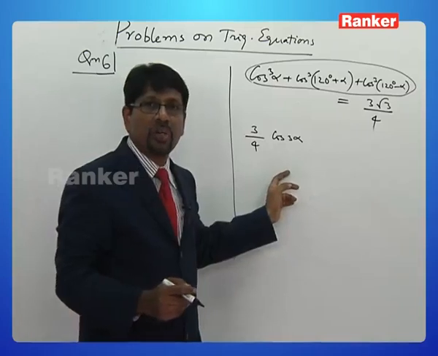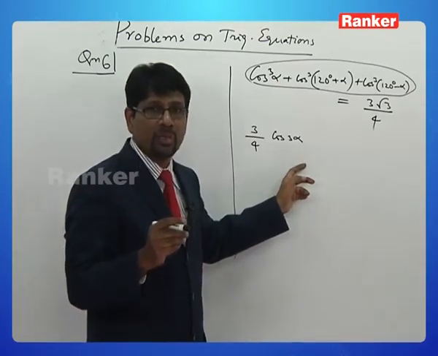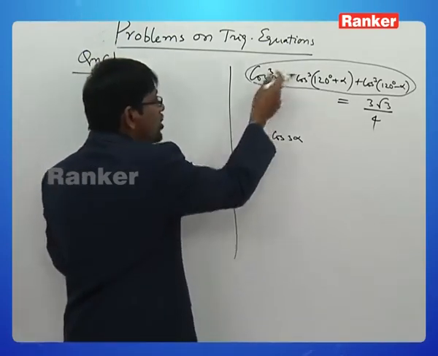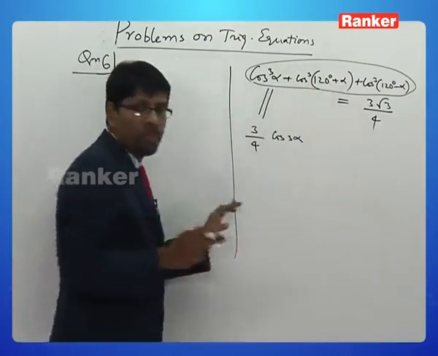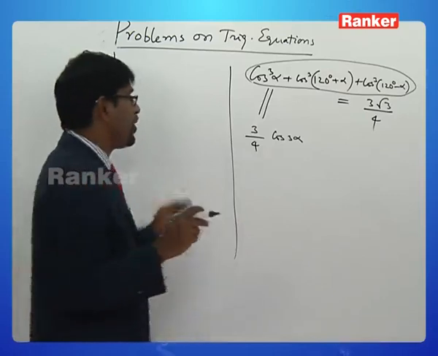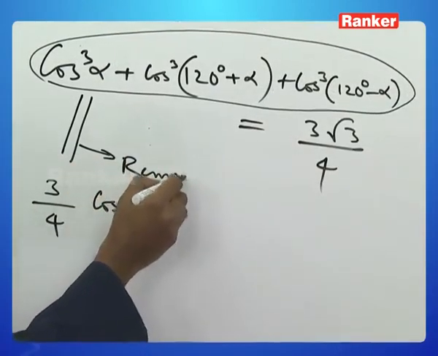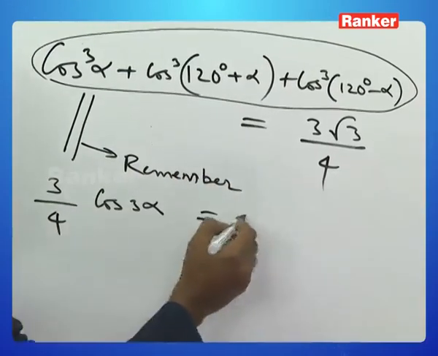What is cos 3 alpha? 4 cos cube alpha minus 3 cos alpha. So recall this formula. This turns out to be cos cube alpha plus cos cube of 120 plus alpha plus cos cube of 120 minus alpha. This has to be memorized. Remember this formula. So that is equal to 3 root 3 by 4.